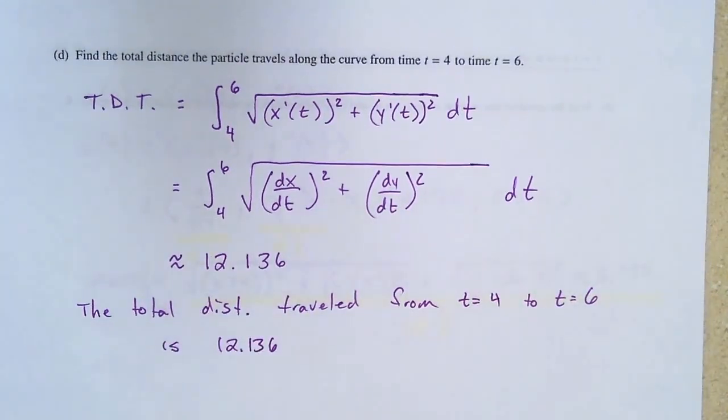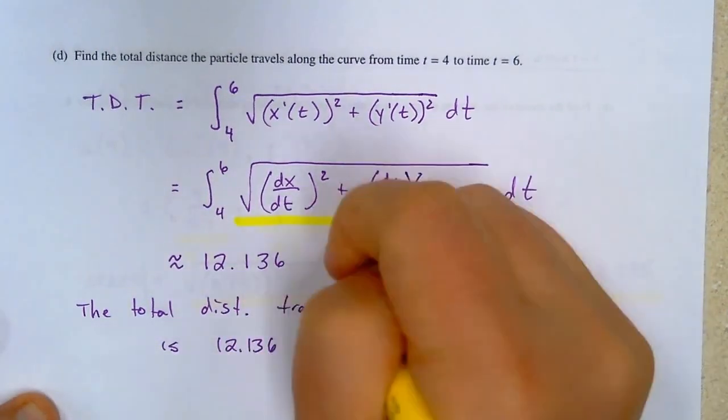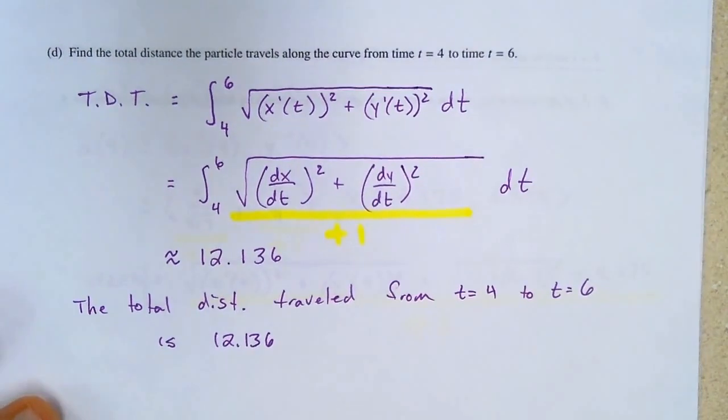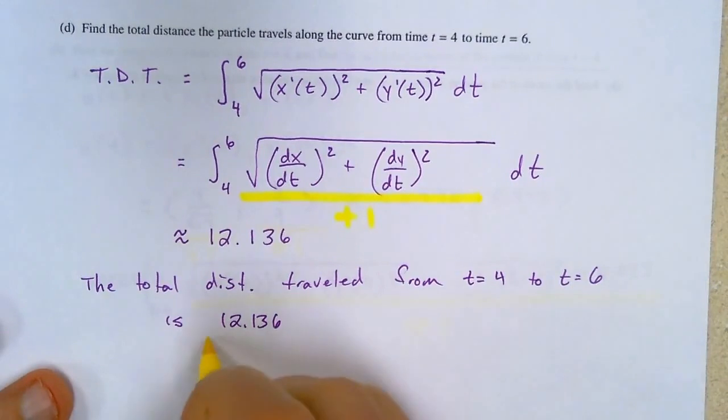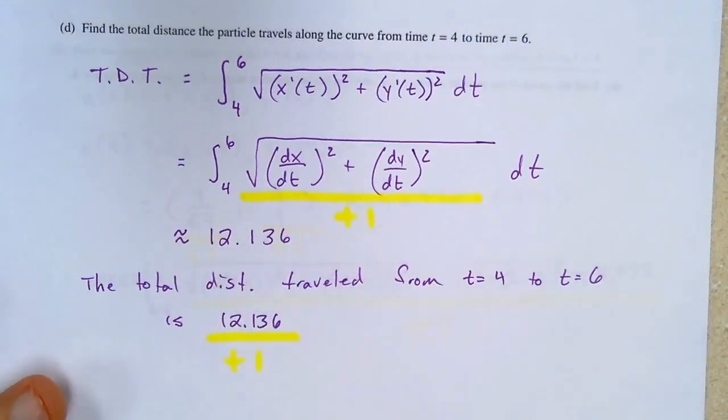Full sentences are, of course, always better. But your first point comes from having an integrand, that is the speed function. And your last and final point comes from correctly computing the total distance traveled.